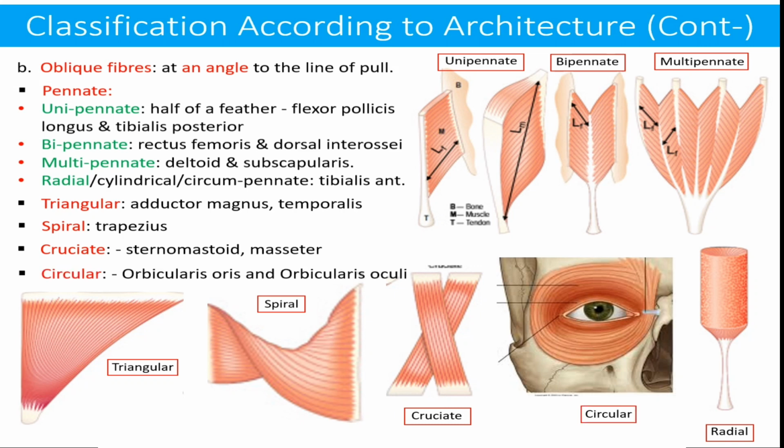And the last one are the circular muscles, in which muscle fibers are oriented in a circle, that is, they get origin from a point, they encircle and then again get attached almost at the original point, so that it makes a circle. These are represented by the eye muscle, orbicularis oculi, and the oral muscle, orbicularis oris.